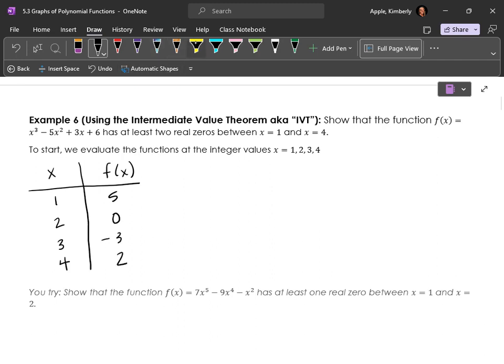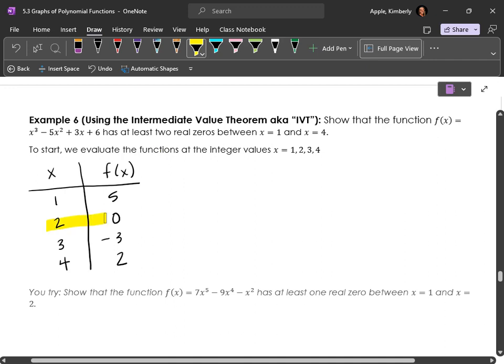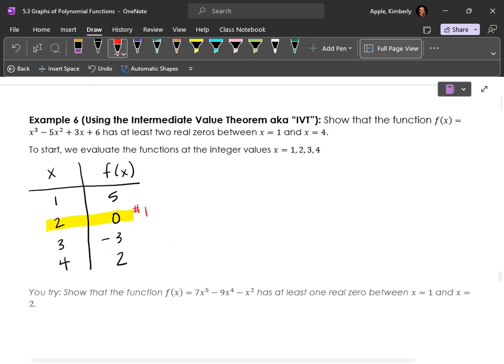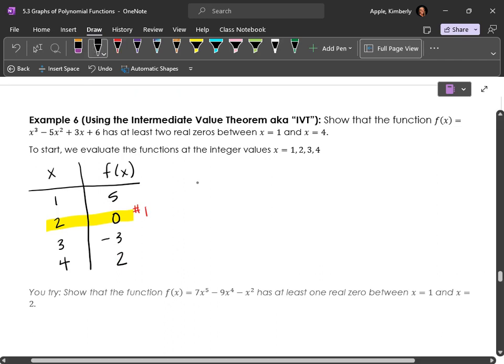And so we're looking to show that there are 2 zeros. Well, here's one of them. That's done. That's number 1. But there's not another 0 that's clear, but we can show, even though we don't know exactly what it is, that there is one because we can say x equals 2 is clearly a 0 of the function.